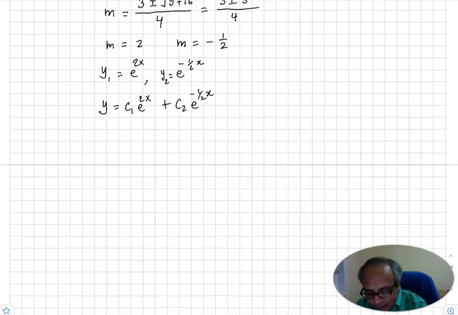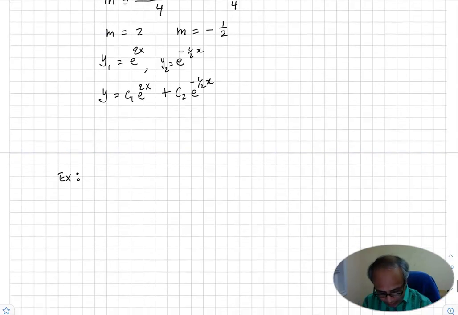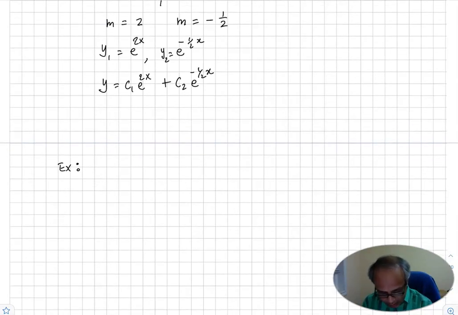Take another simple example before we go to a complicated problem, to understand whether we are understanding the process. It is the same thing, but this time I'm going to set y double prime, a is 1, b y prime, b is minus 5, plus c y, and c is 0.